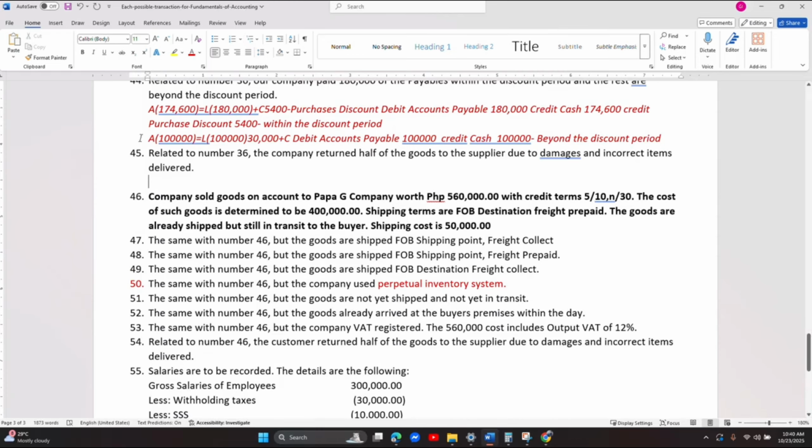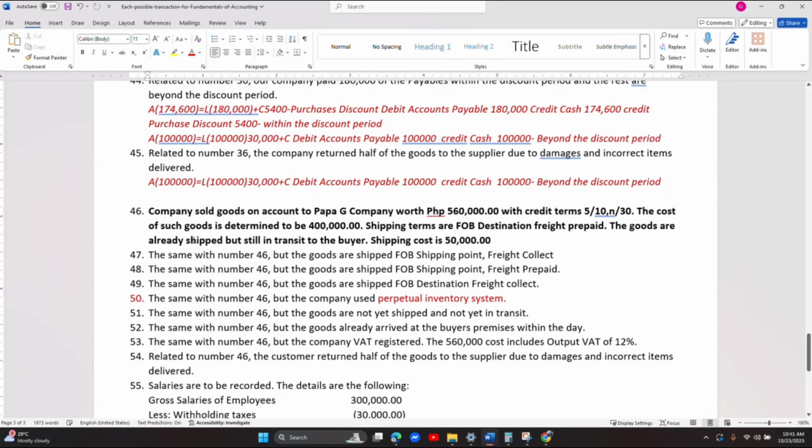As to the assets, since you returned the goods and we're still using the periodic inventory system, what will happen is that your capital will be added by 180,000. Am I right? Is that 180,000?